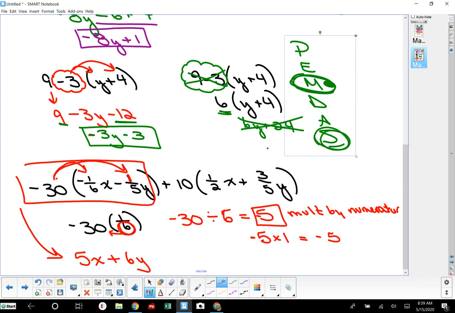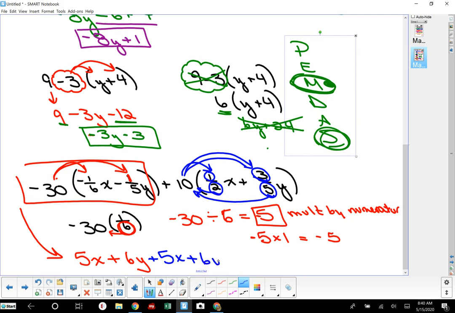Okay. I'll do the other one in blue. So 10 times a half. Well, half of 10 is 5, right? But if you do it the way I'm showing you, 2 goes into the 10 5 times. 5 times 1 is 5. So plus 5x. And then I'm going to do 10 times 3/5. So 5 goes into 10 2 times. 2 times the 3 is 6.